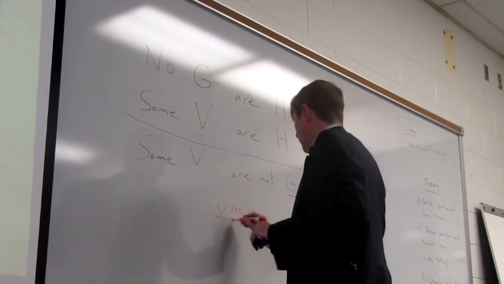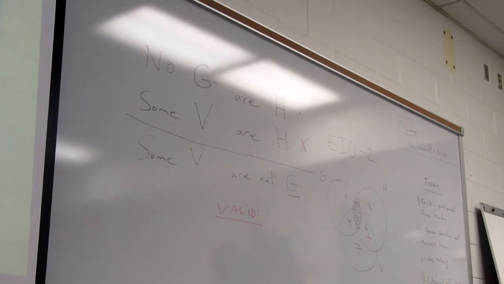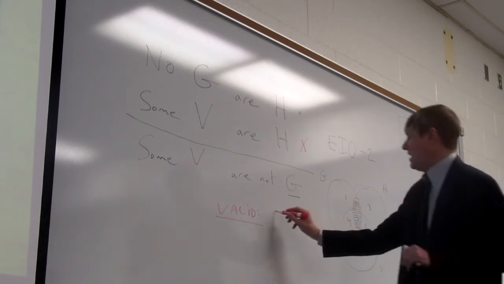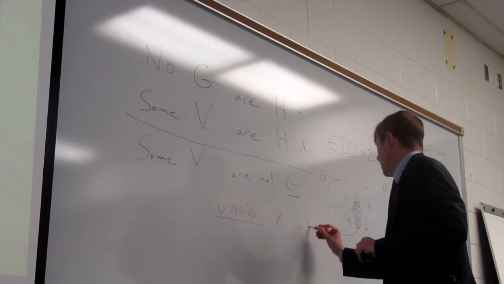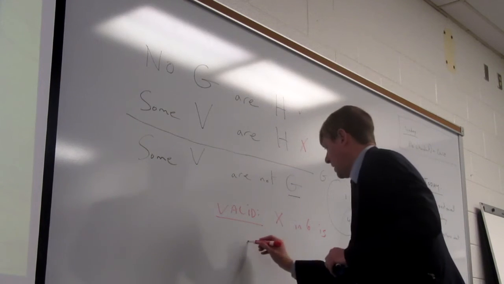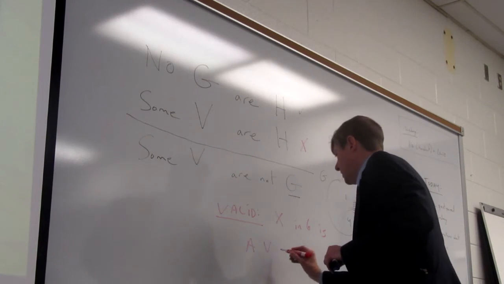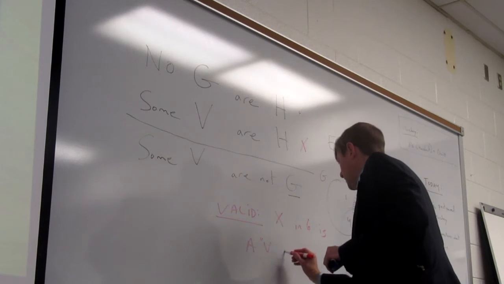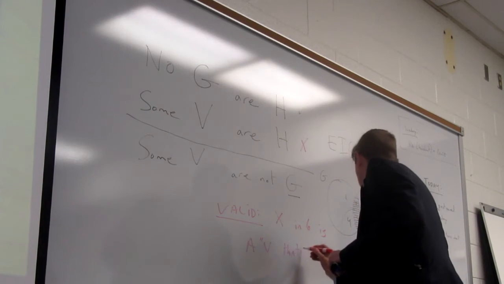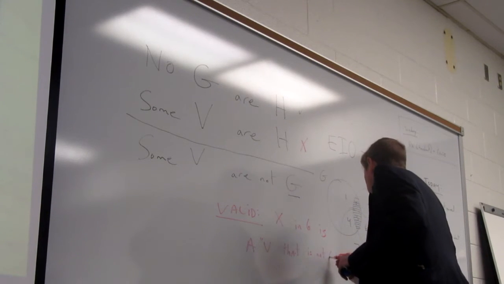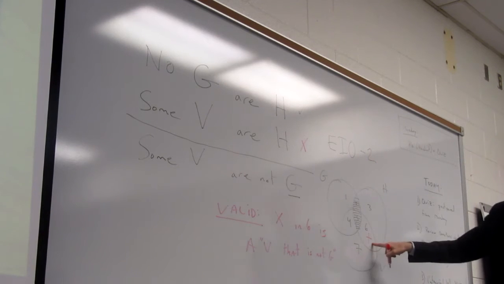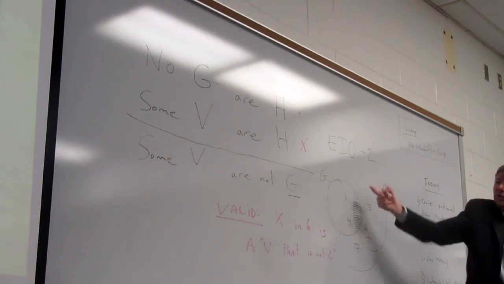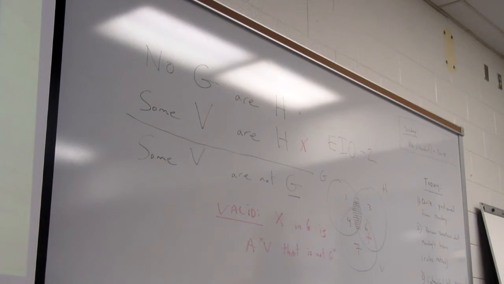And all you had to say for this was, the X in 6 is a V that is not G. It's in the V circle, and it's not G. So the conclusion has been demonstrated.